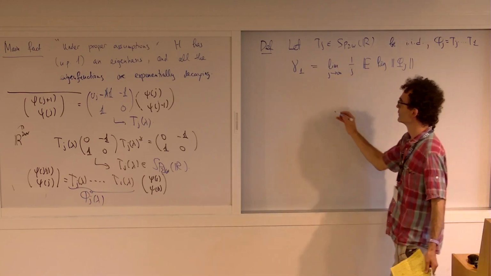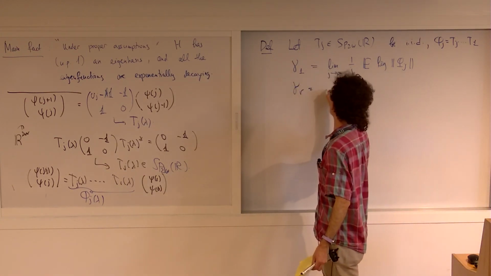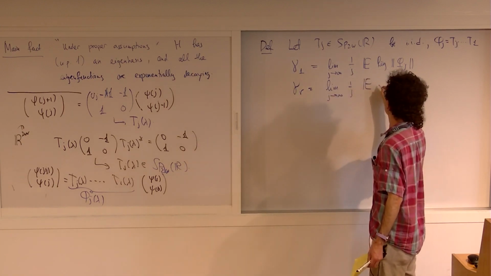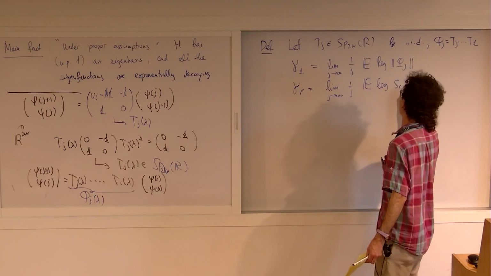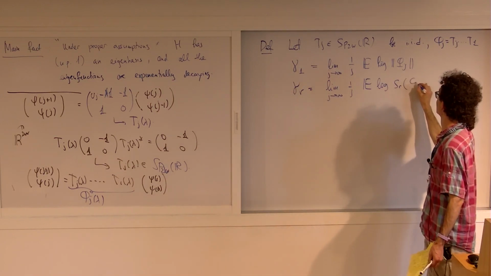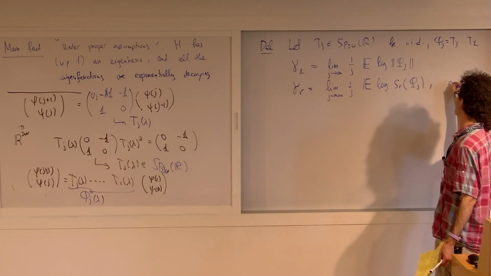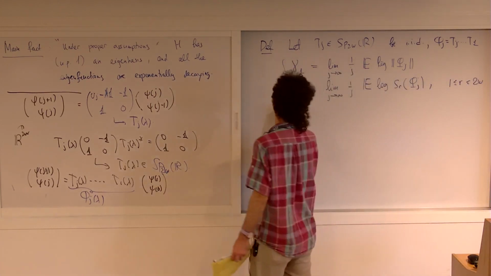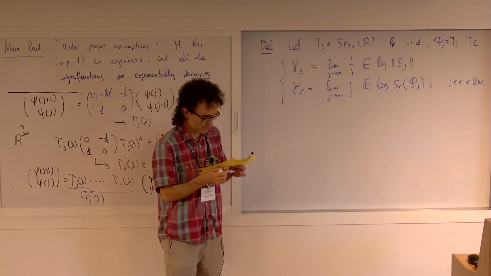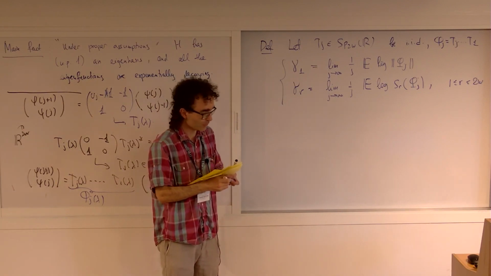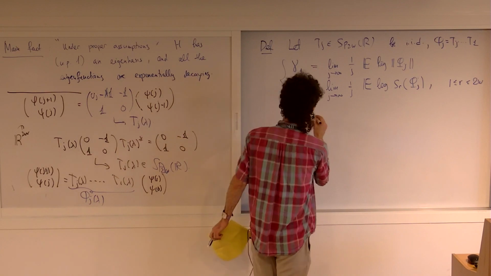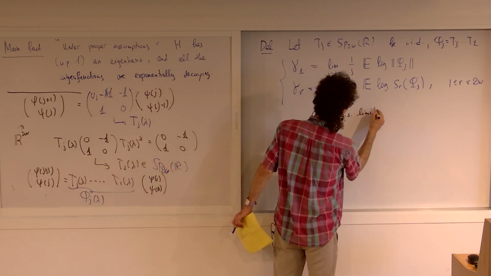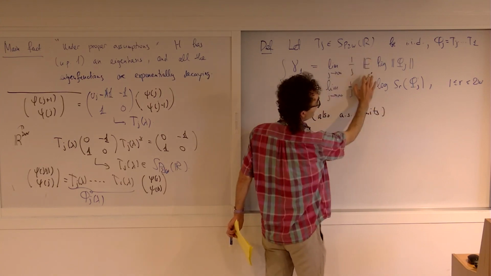So we define gamma r to be the limit of 1 over j times the expectation of the logarithm of the rth singular value of phi j, where r goes from 1 to w. From not very complicated standard theory, these are also almost sure limits, meaning that with probability 1 we can erase the expectations.